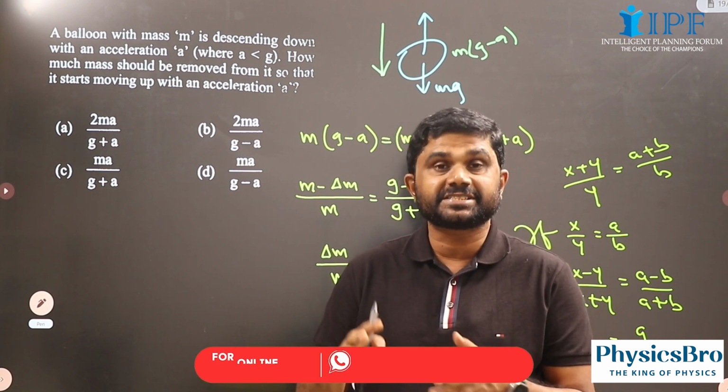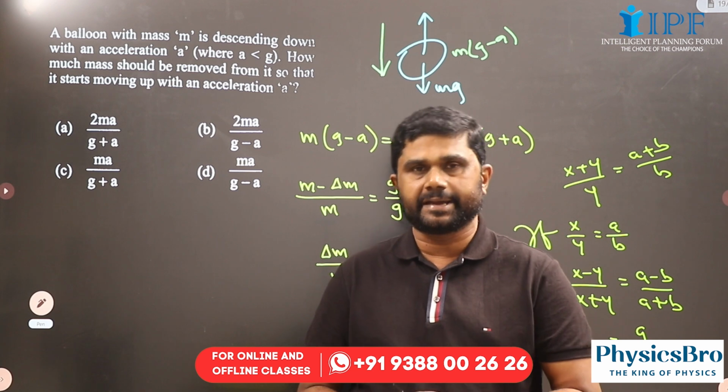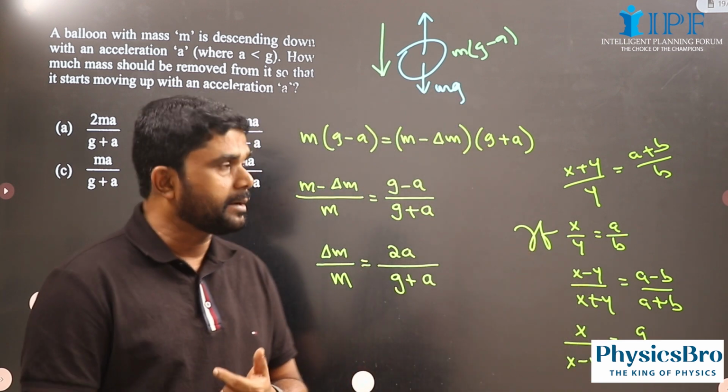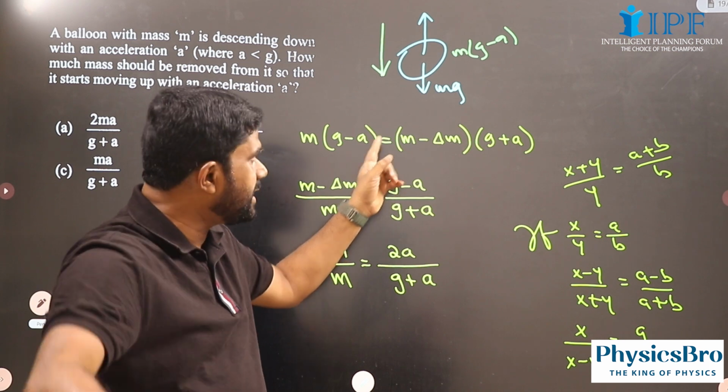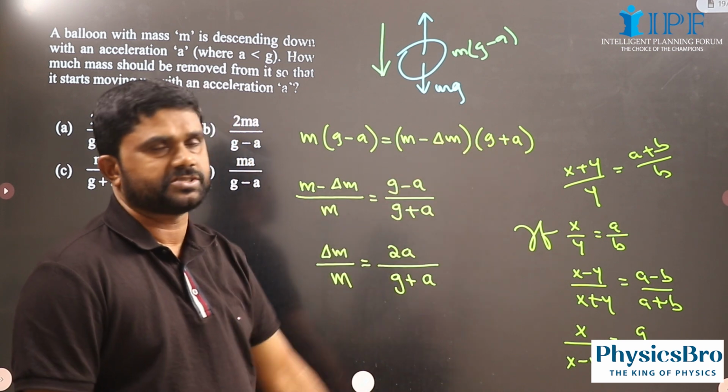So the upthrust is the same as before, but the mass has been reduced by delta m. The system starts moving up with an acceleration a. So the upthrust will be, with mass m minus delta m, g plus a.